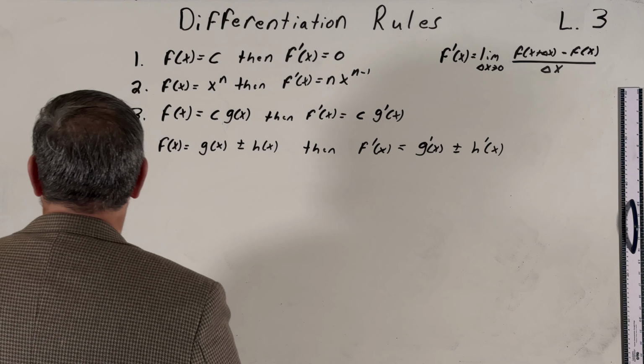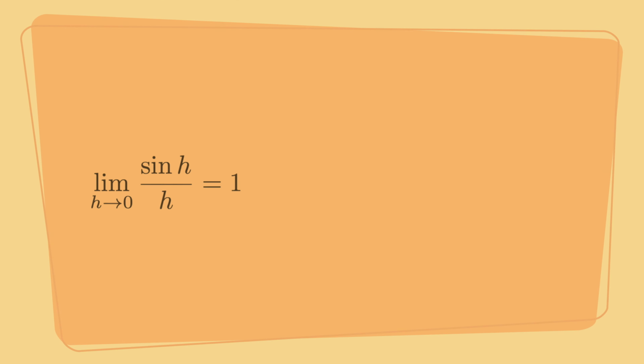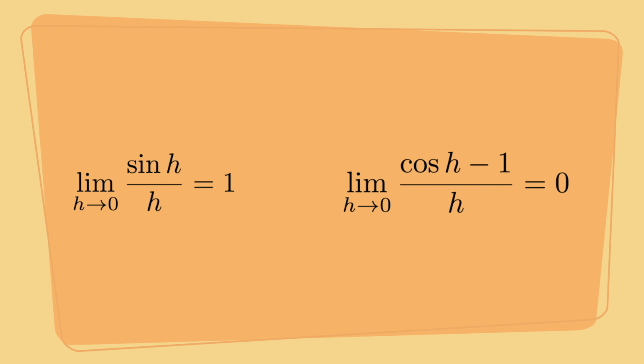We're going to need to rely on the fact that the limit, as I'll call it h, goes to 0 of the sine of h over h is equal to 1, and that the limit as h approaches 0 of 1 minus the cosine of h, all divided by h, is equal to 0.